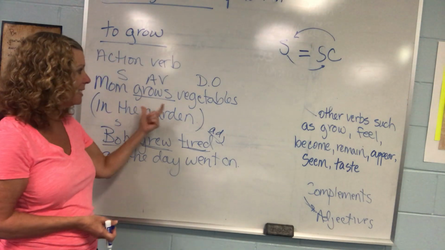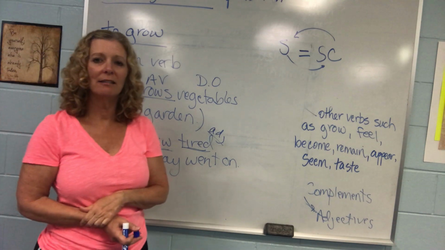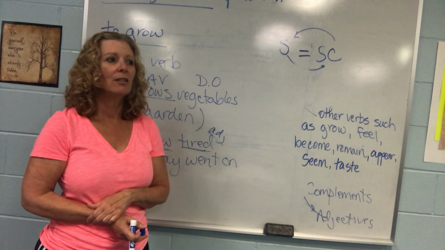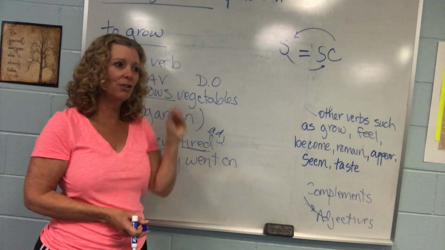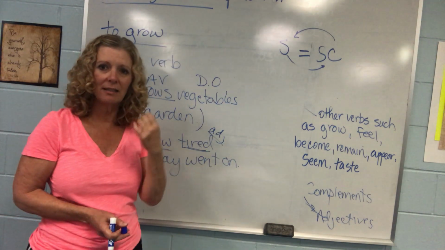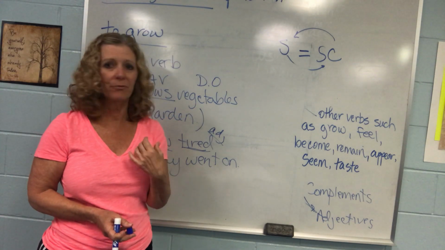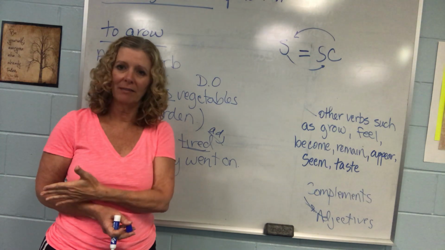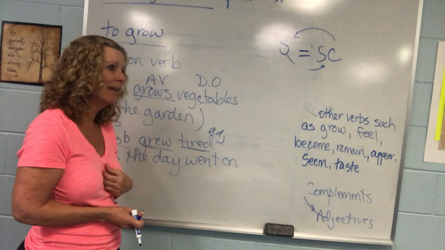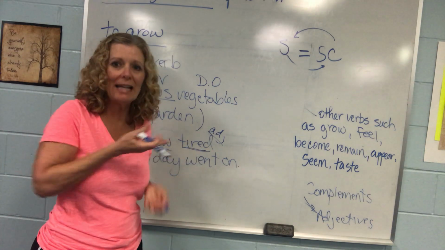All right, you can actually taste something, which is an action, or you can use it as a linking verb. The soup tastes salty. All right, so if it says the soup tastes salty, you have to look at the subject and say, is the subject performing an action? Is the soup tasting something? No. It's the state of being. In the state of being salty. Whereas if I say, I tasted the steak, then I'm actually performing an action.